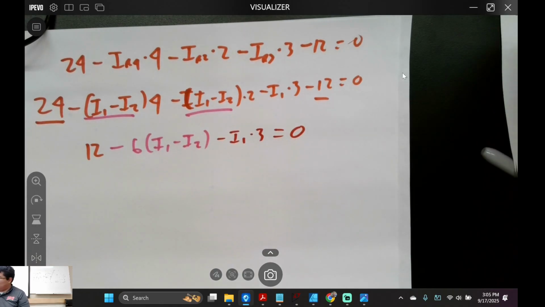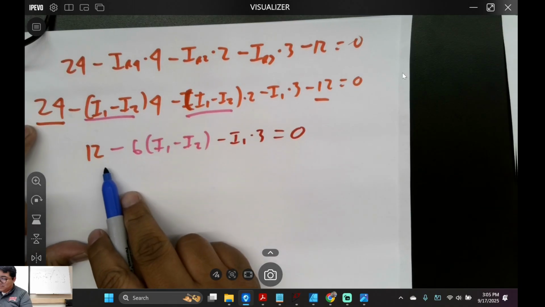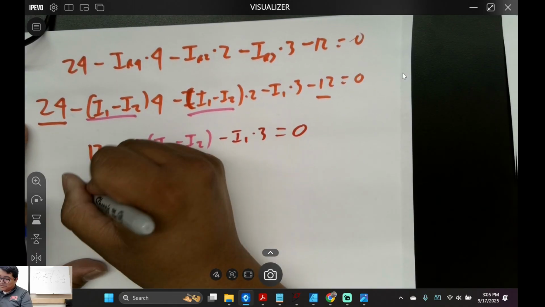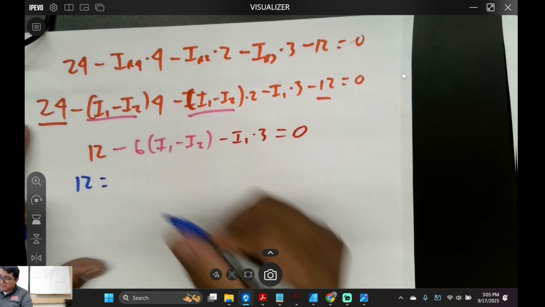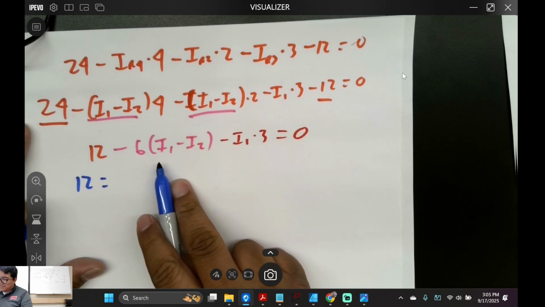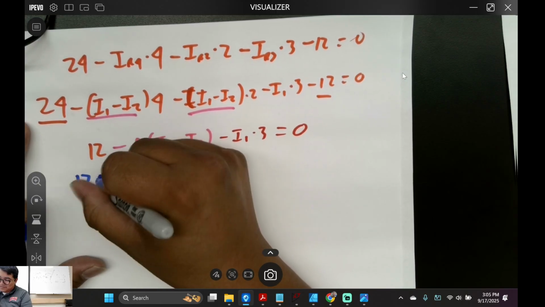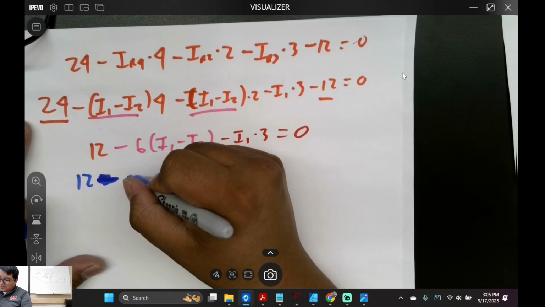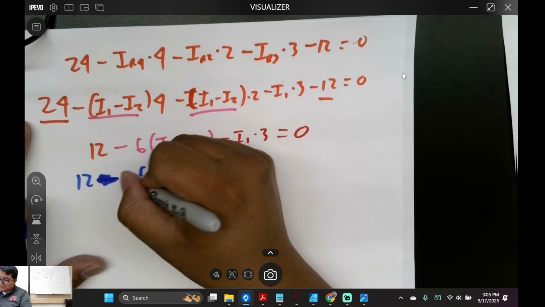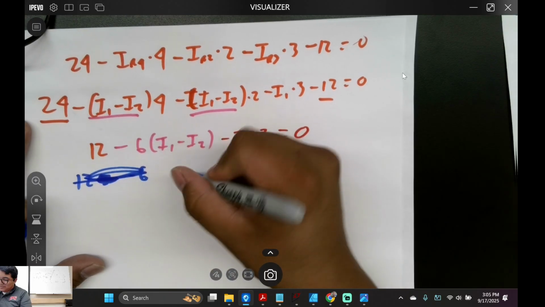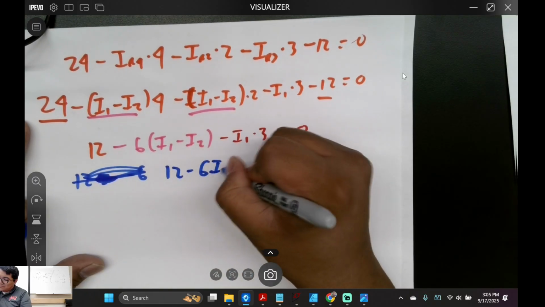Now let's finally finish the circuit. So let's see, if I just do this 12 volts, do I want to skip steps? Is anyone going to be bothered if I do the following? Actually, no, I don't want to skip steps. Yeah, I don't like this. 12 minus 6I1, right?